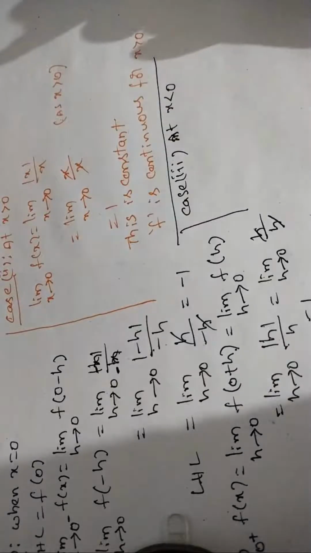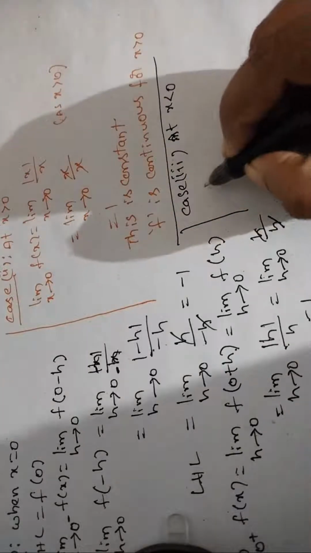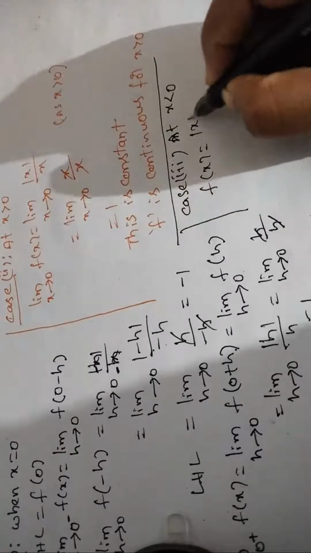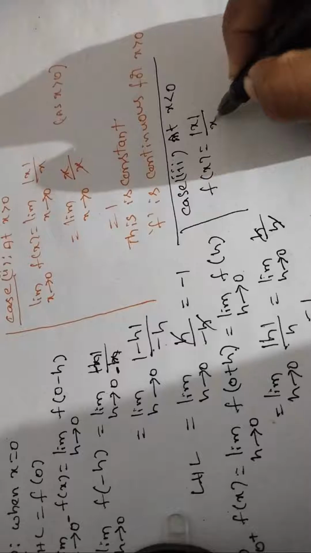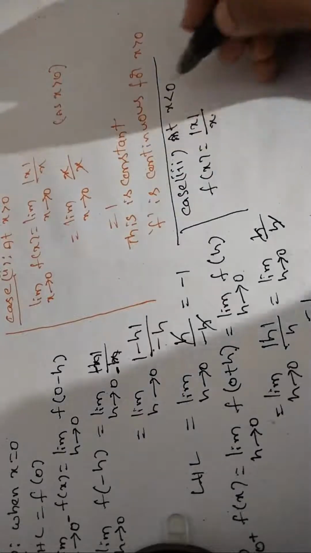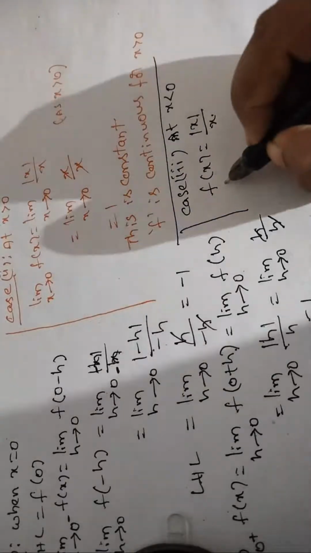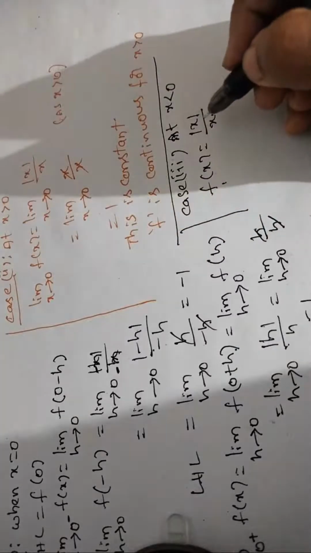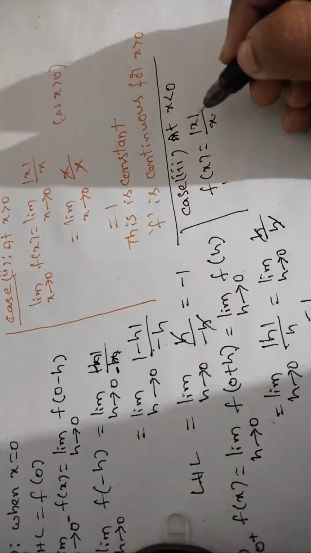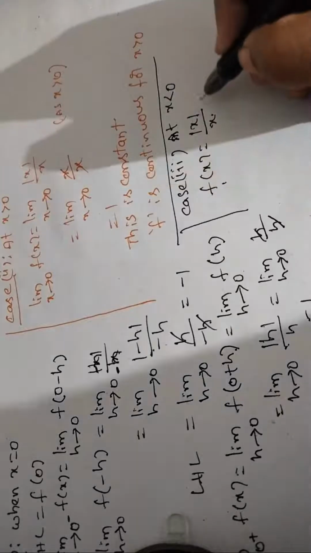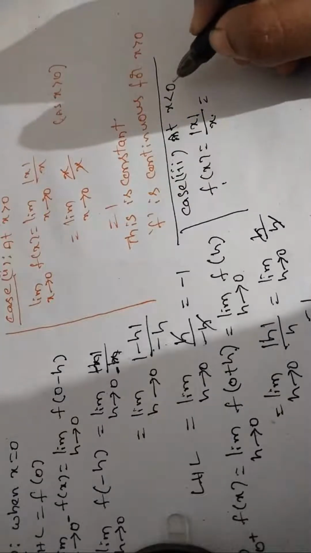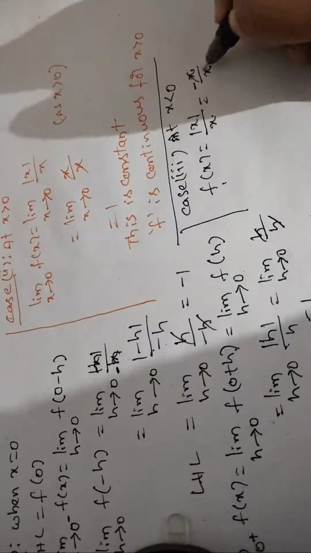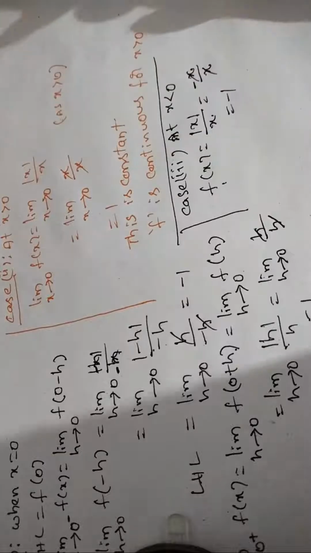So when it is less than 0, the function is mod x by x. We apply, actually this one mod x by x for x less than 0, it will become minus x by x. Cancel this, it will get minus 1.